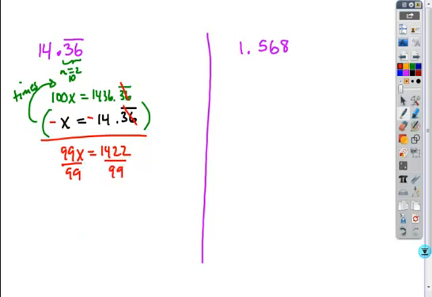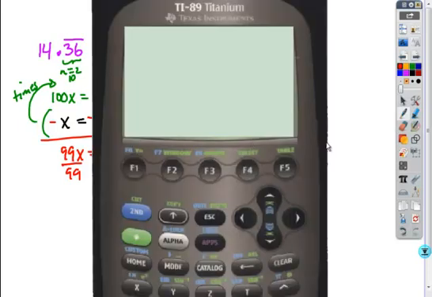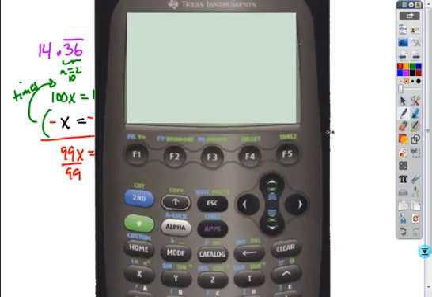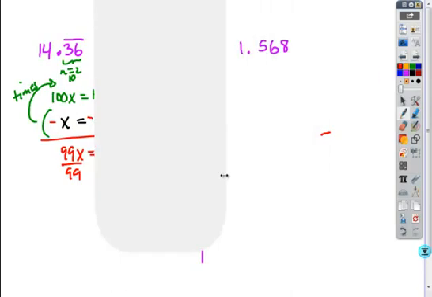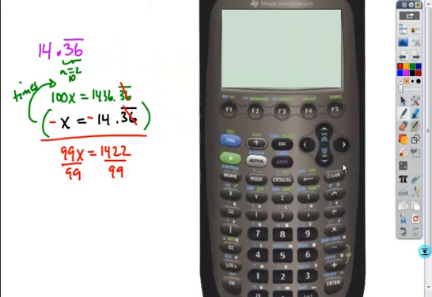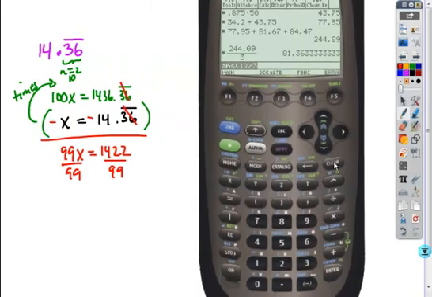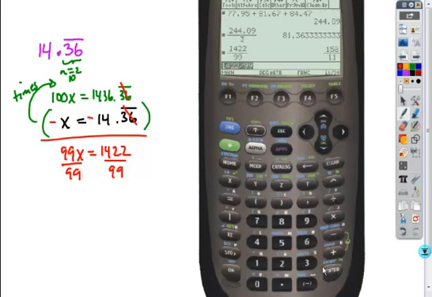And here's the case where you might use your calculator to simplify. So when I set this up and I use my calculator here, I get 1422 divided by 99. It'll simplify that for me. I get 158 over 11.